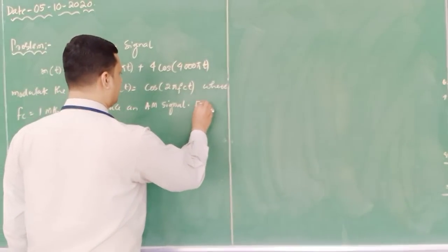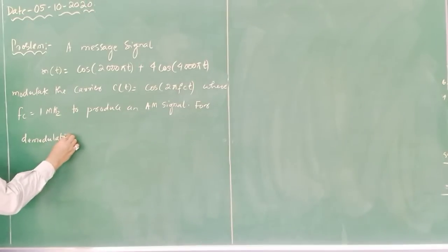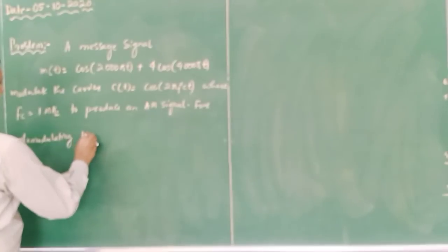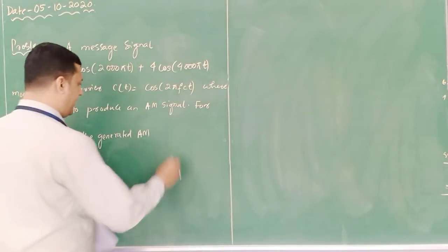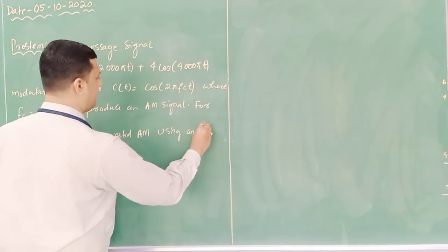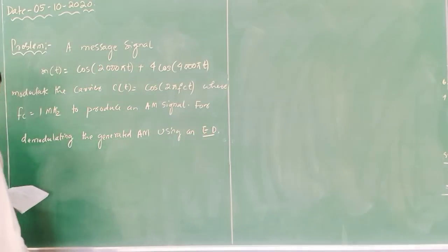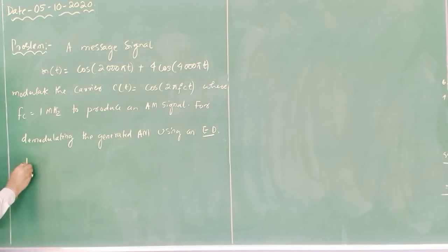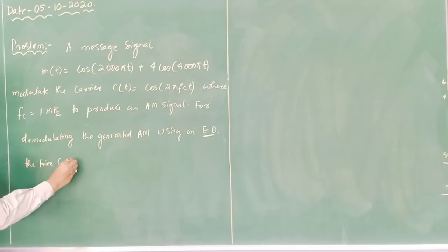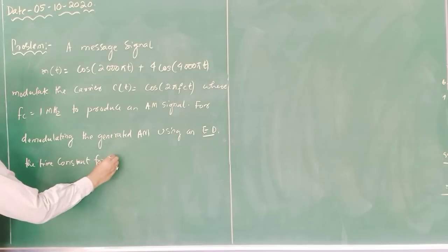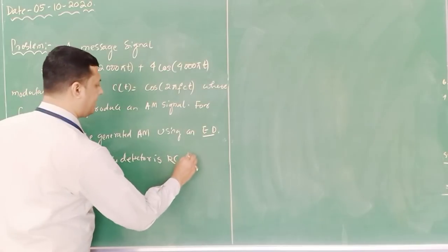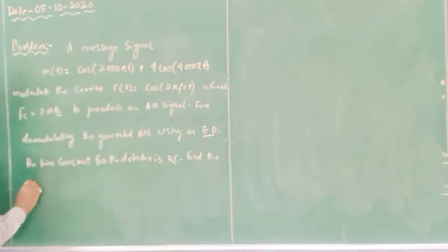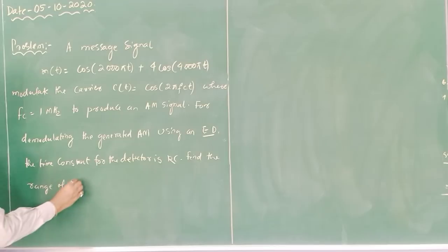For demodulating the generated AM signal using an envelope detector, using an ED, that means envelope detector, the time constant for the detector is RC.